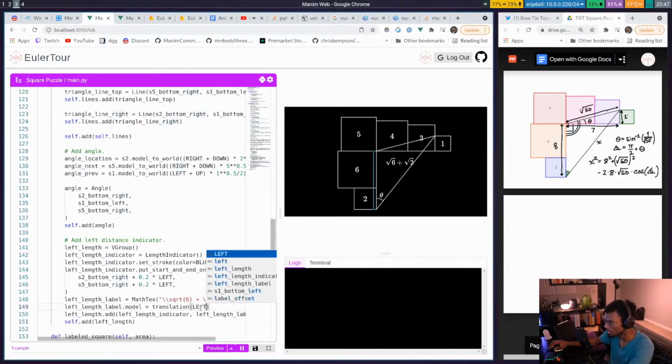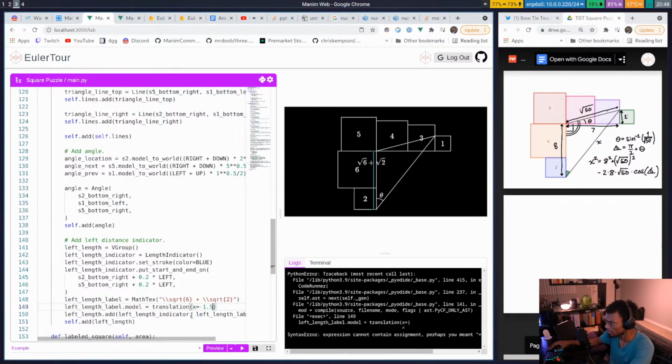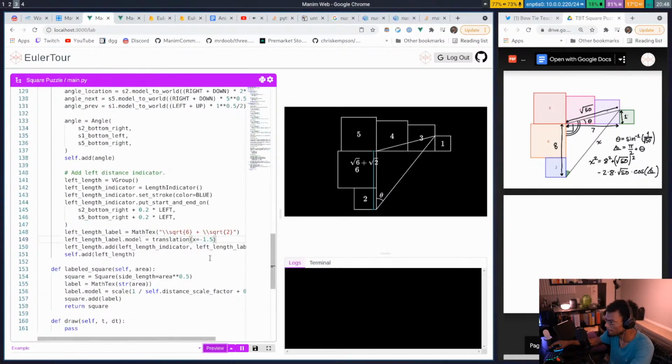And that is the wrong direction. Let me just do x equals negative 1.5 or so. And then y equals this.